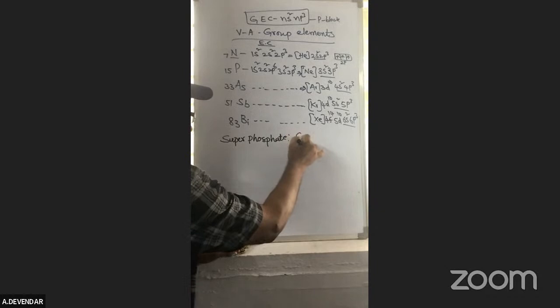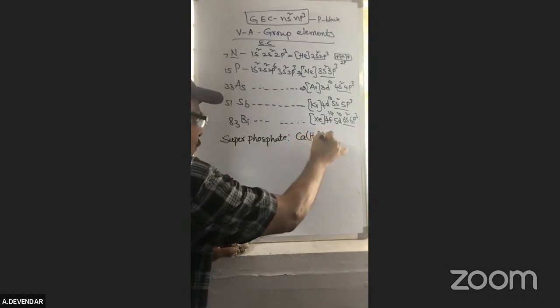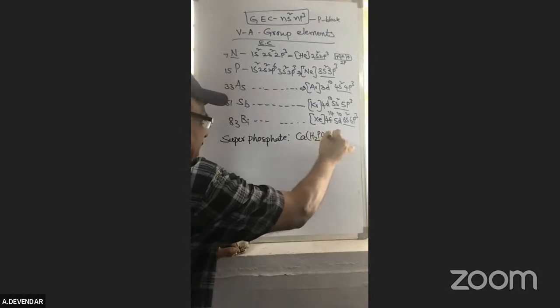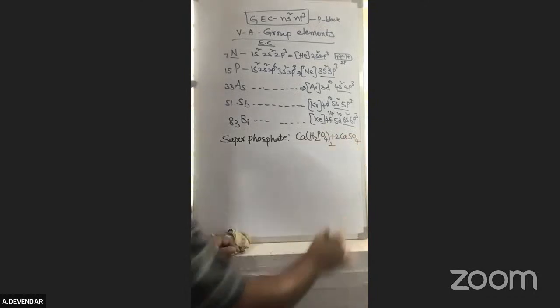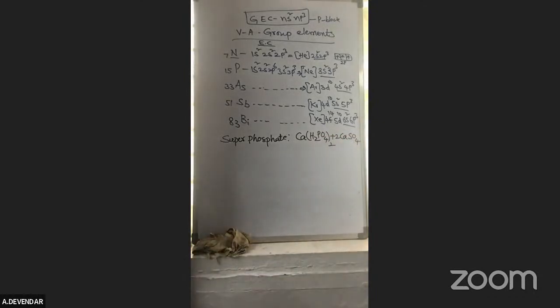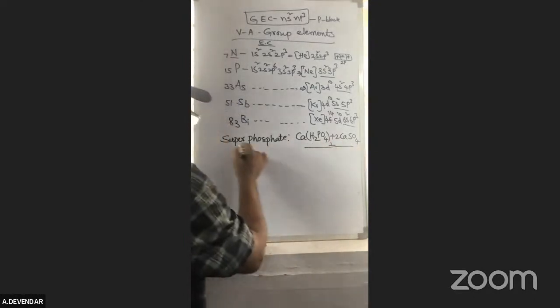The formula is calcium hydrogen phosphate, Ca(H2PO4)2, plus 2 CaSO4, calcium sulfate. Remember, friends, calcium hydrogen phosphate Ca(H2PO4)2 plus 2 calcium sulfate is called superphosphate.